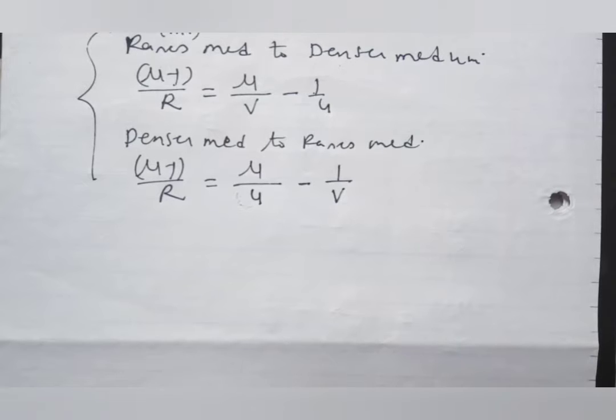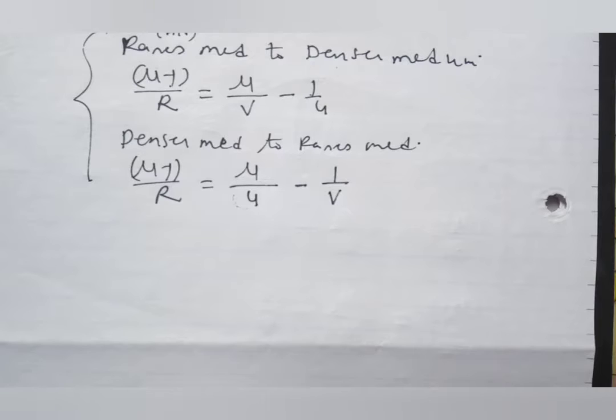Now I am going to derive Lensmaker's formula for a thin lens.